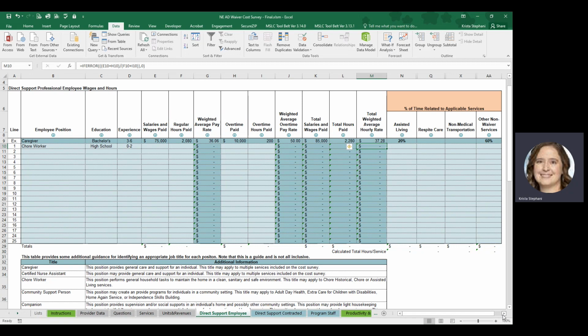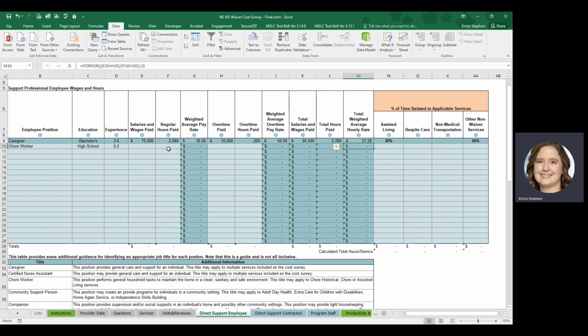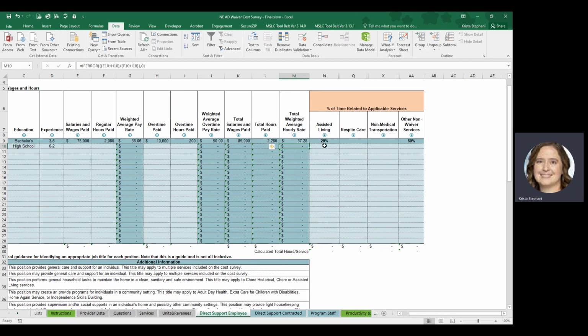Now, once you've identified all of that information, then you'll need to indicate within the columns for each service how much time each position spent performing services for the related service identified.